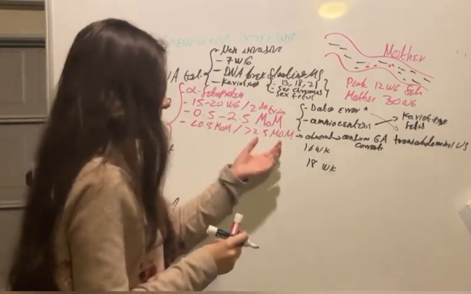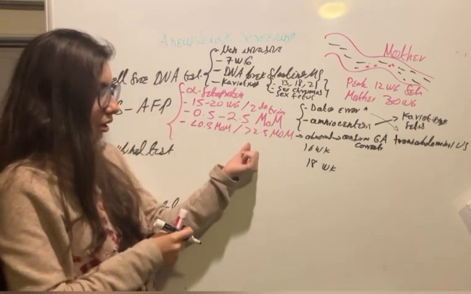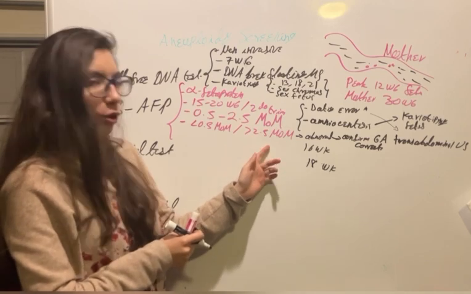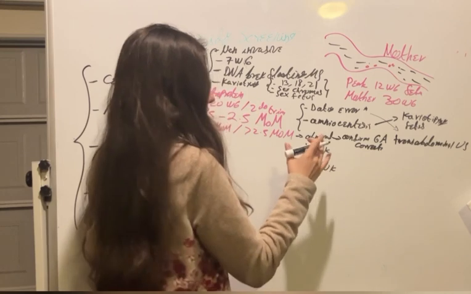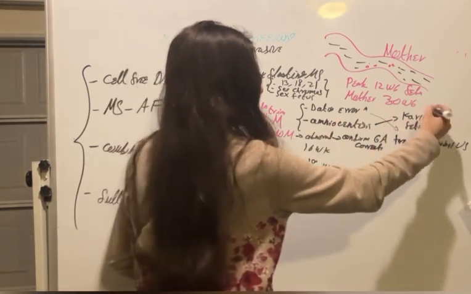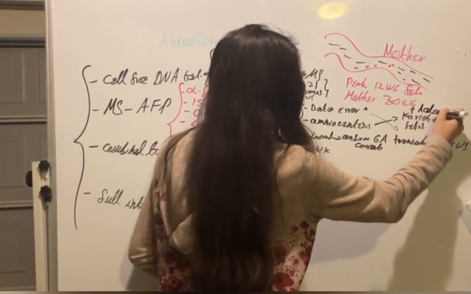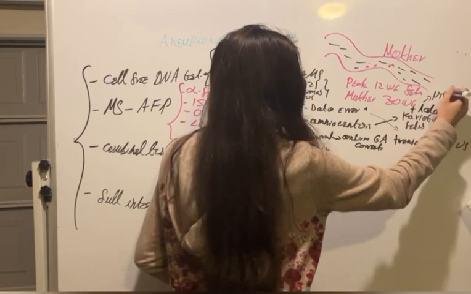If it is the case that the alpha-fetoprotein in the maternal serum is greater than 2.5 multiples of the median, then, besides doing karyotyping, we also order acetylcholinesterase, which is specific for neural tube defects.